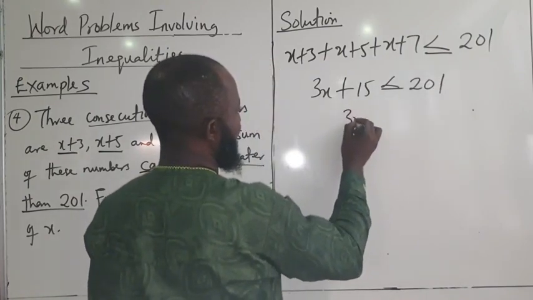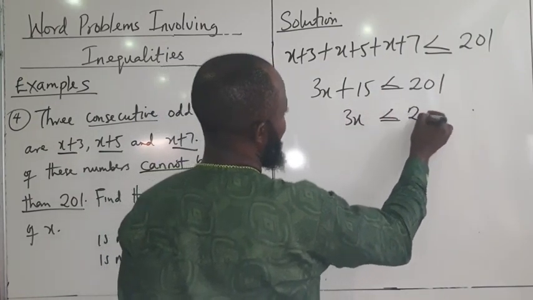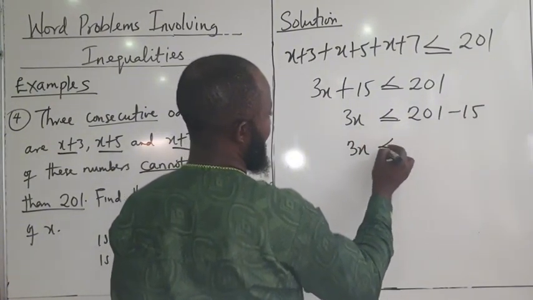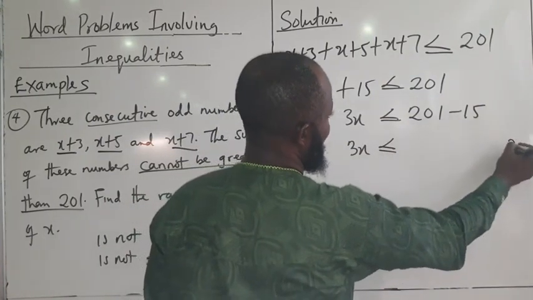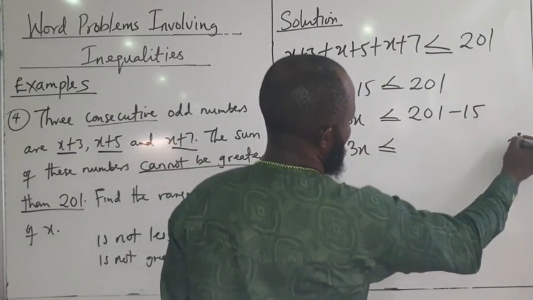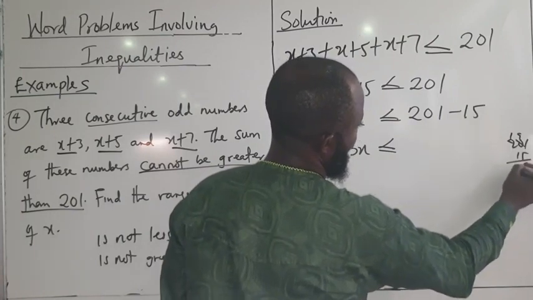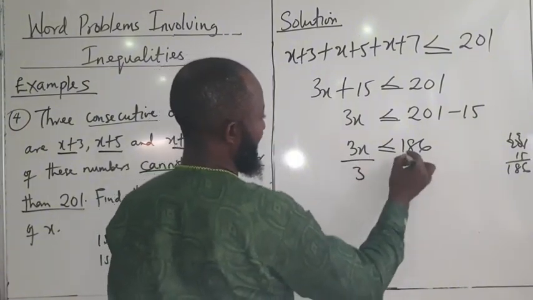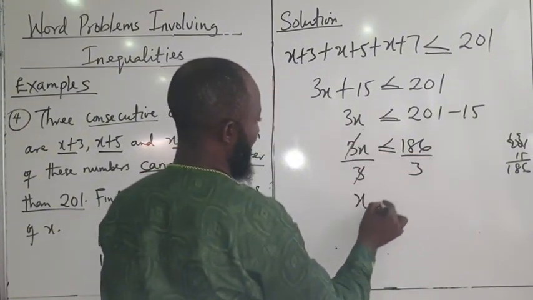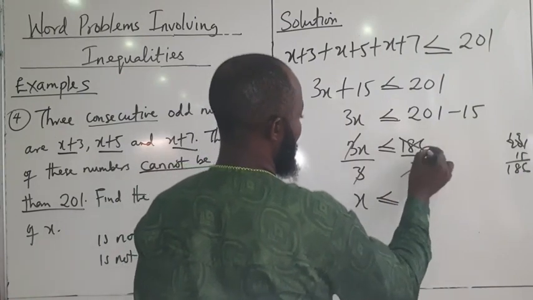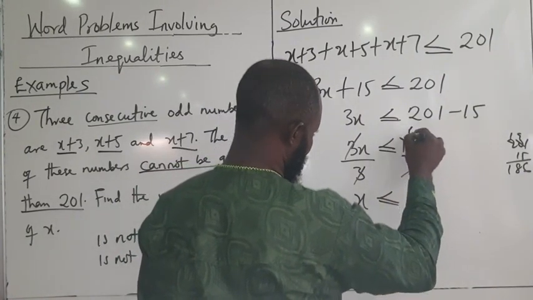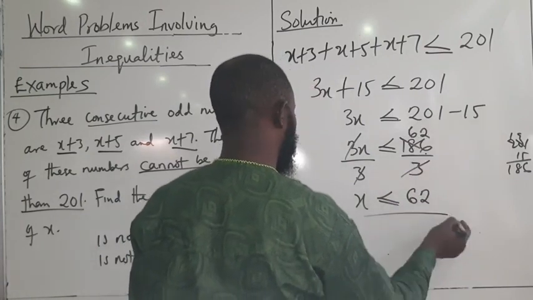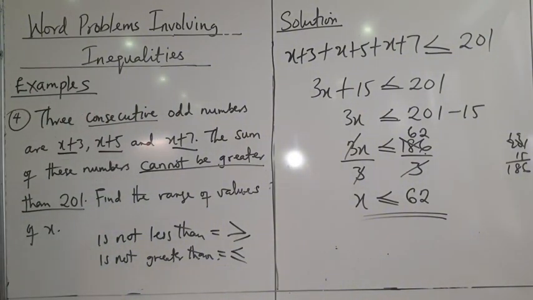So we have 3x less than or equal to 201 minus 15, which is 186. So we divide both sides by 3, 3 cancels 3, x less than or equal to 186 over 3. 3 in 18 is 6, 3 in 6 is 2. So that is x less than or equal to 62. So this is the range of values of x. I hope this is very clear.